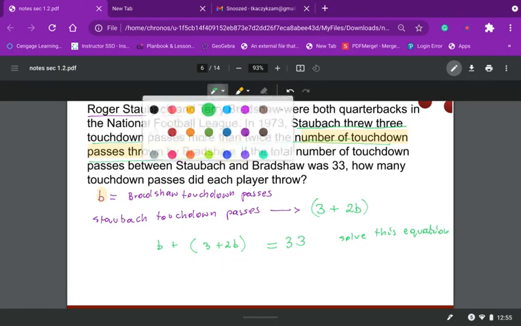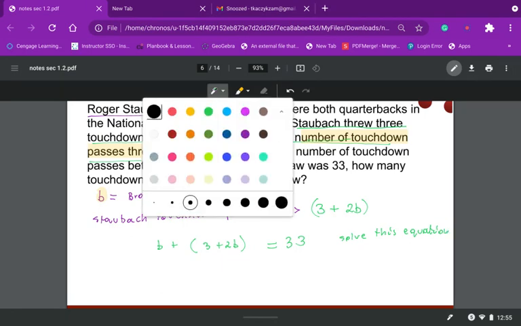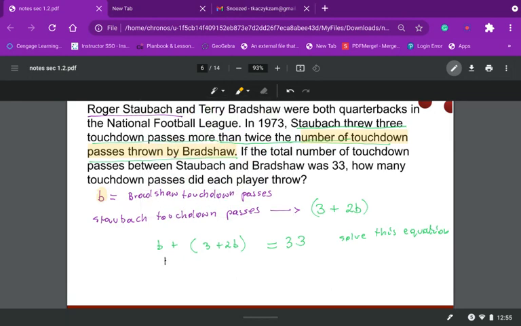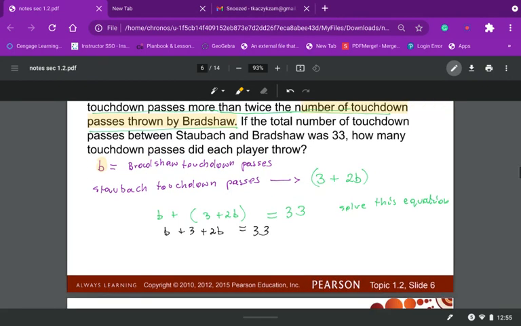Okay. So to solve this equation, we have b plus 3 plus 2b equal 33. I remove the parentheses. Combine like terms. So 1b plus 2b will give us 3b plus 3 equal 33. Subtract 3 from both sides.